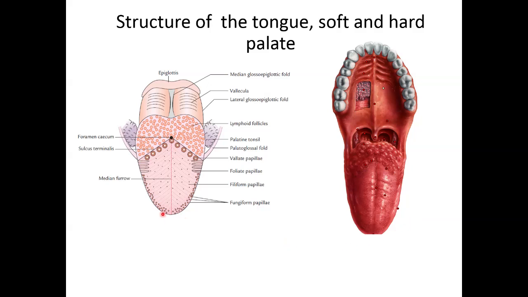We can say that the tongue has an apex, this part, has the corpus linguae, this one, and radix linguae, the more distally located part of the tongue. Radix linguae and corpus linguae are distinguished from each other by this line, sulcus terminalis. Here it is, sulcus terminalis.